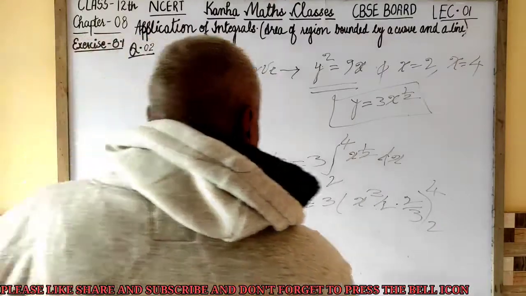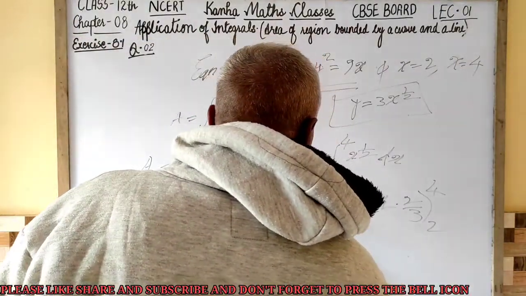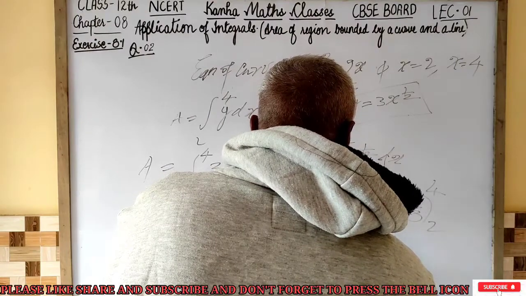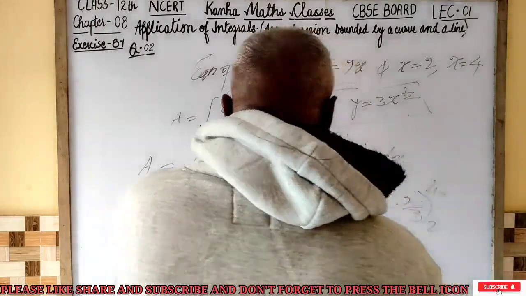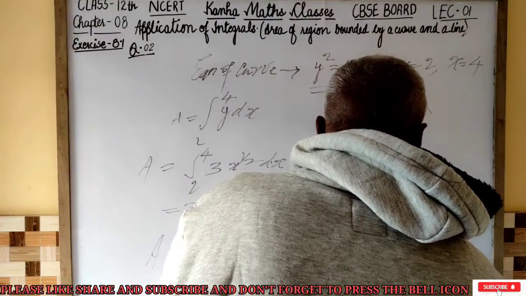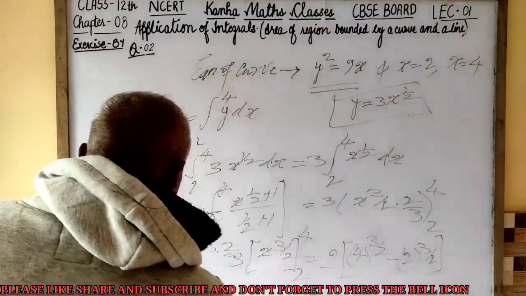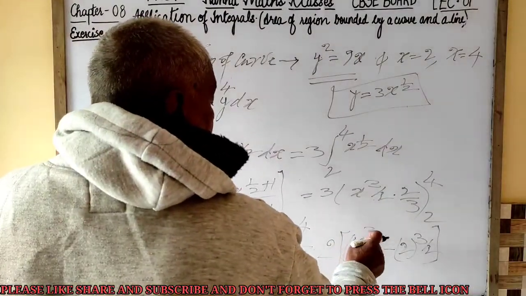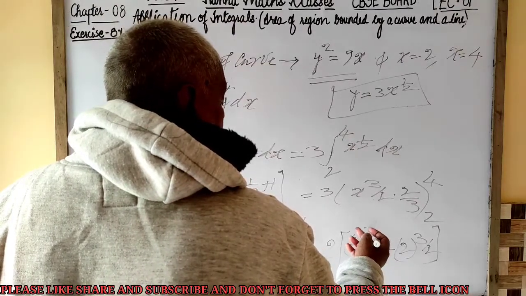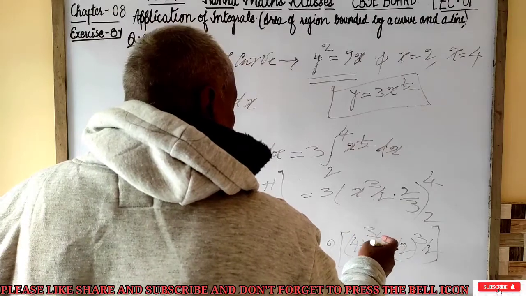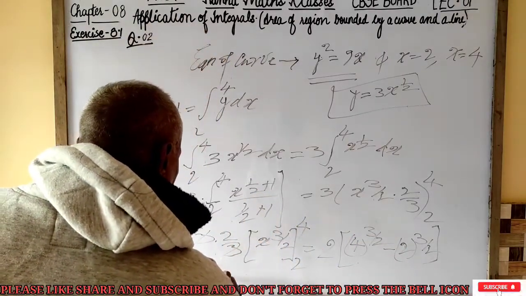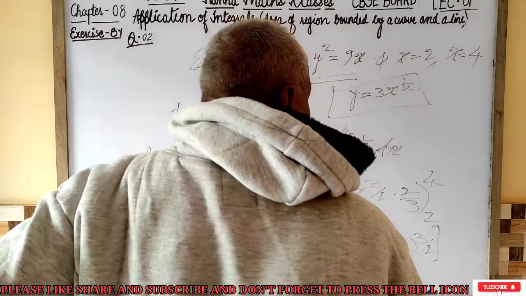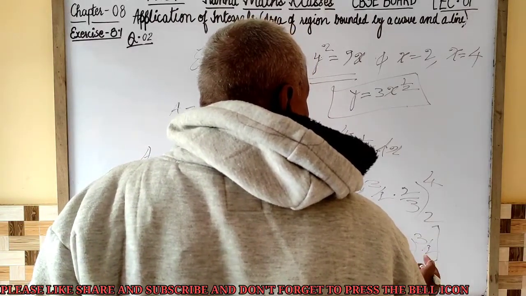Here 3 will be cancelled by 3, and this becomes 2. We replace the upper limit 4 to the power 3/2 minus 2 to the power 3/2. Here 4 to the power 3/2 is the square root of 64, which means 8, and 2 to the power 3/2 means 2√2.